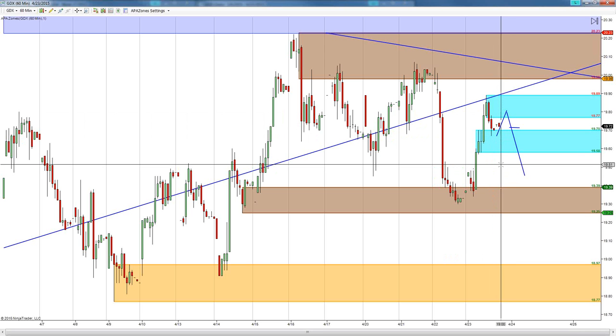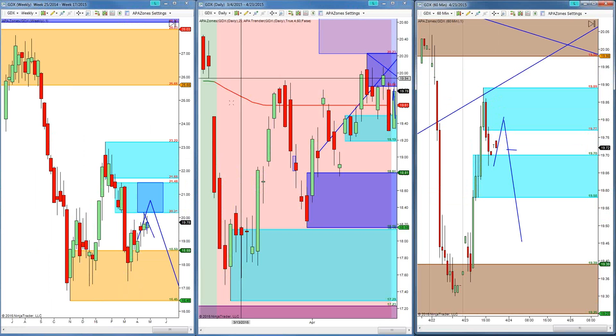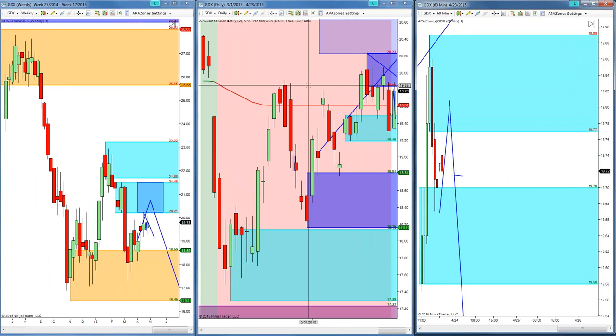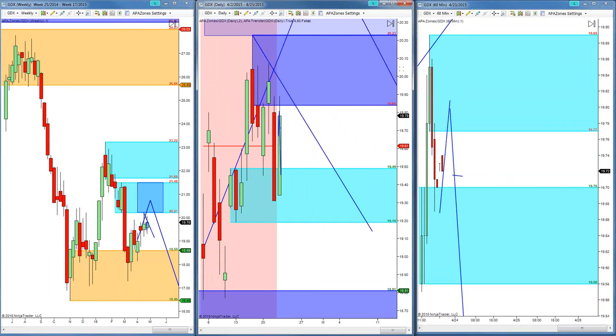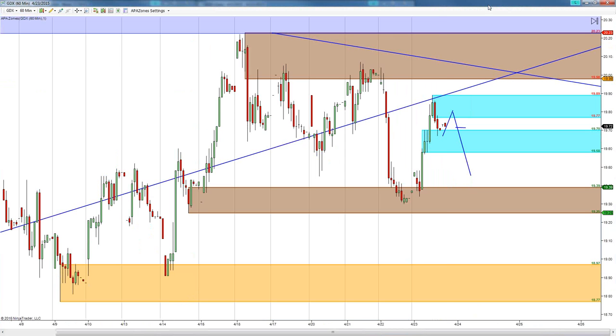All right, now let's make a case for the long side. All right, because we know we're at resistance right now here on the daily, but could it go higher? And the answer is, well, the market can do anything that it wants to do. All right. So how do we take it if it goes higher?